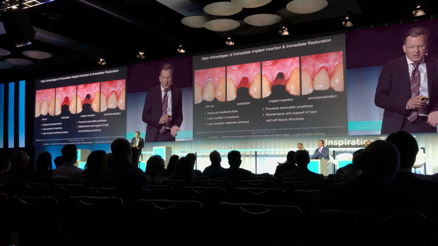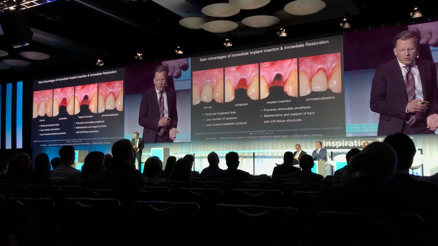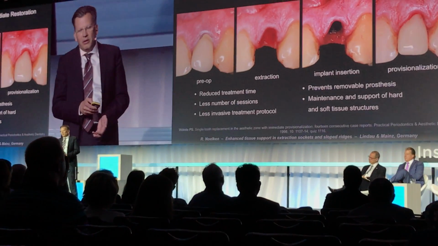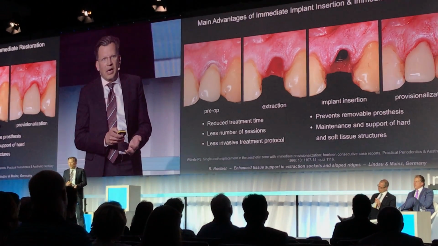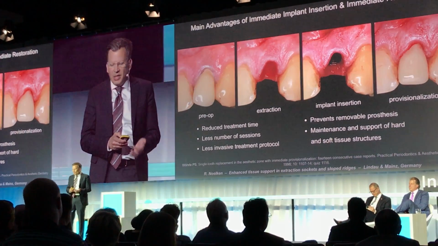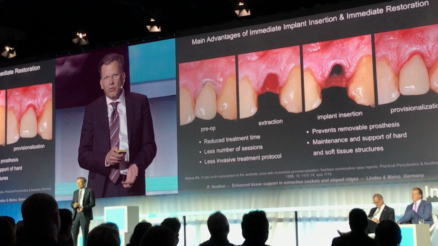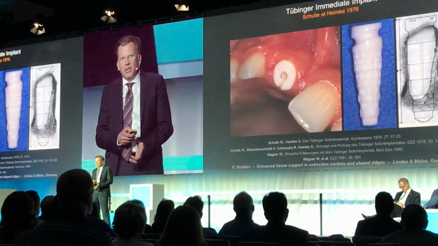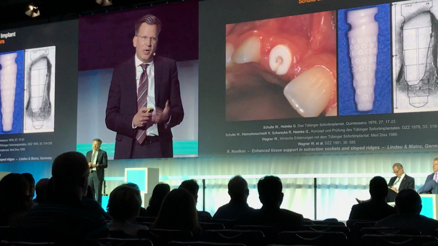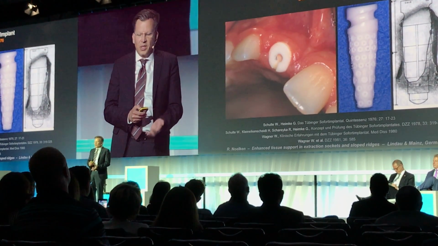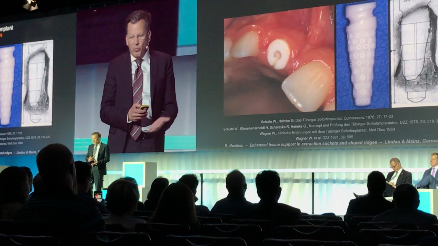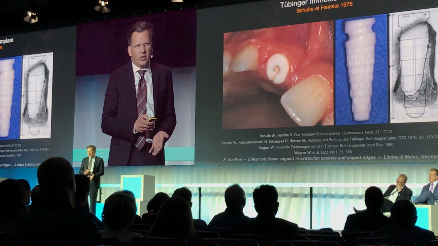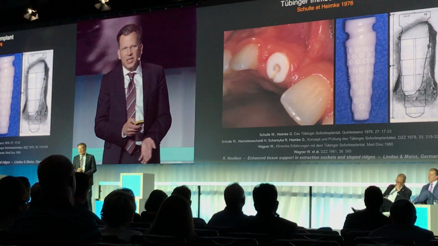By the less invasive treatment protocol, we prevent a removable prosthesis, and by the immediate under-contoured restoration, we support the hard and soft tissue structures circumferentially. The very first implant which addressed this issue especially was the Tübinger immediate implant with a sloped neck design for the immediate implant placement into the extraction site, already in 1976.